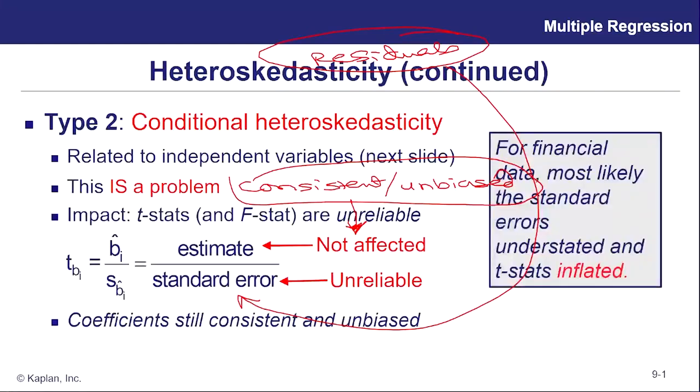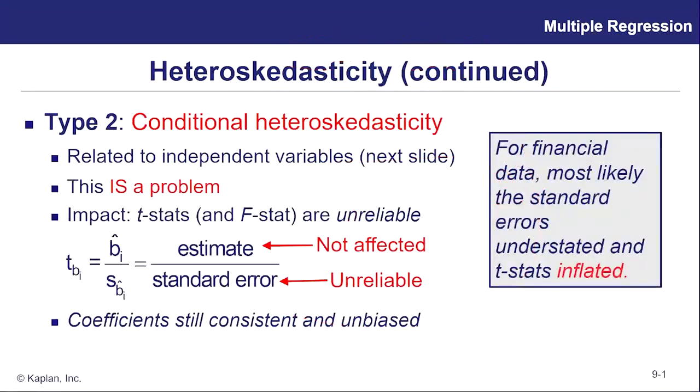In general, we say that the presence of conditional heteroskedasticity makes the standard error unreliable. However, for financial data, we can be a little more precise.